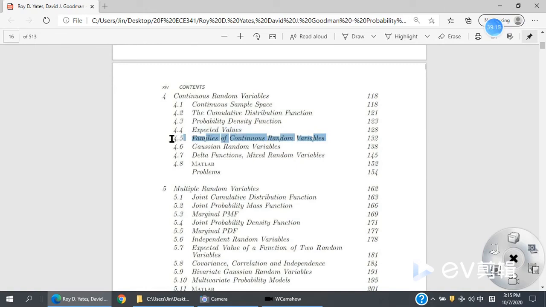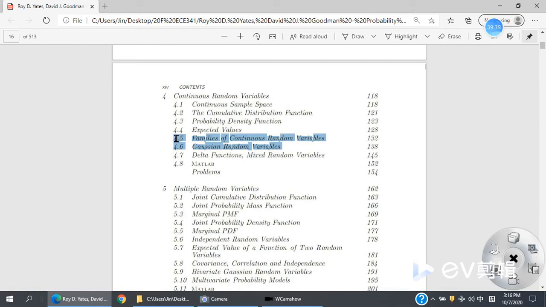at section 4.5, you are supposed to already know what a CDF, PDF, and PMF are, what the expectation value or mean is, and what the variance of X is. You know everything.